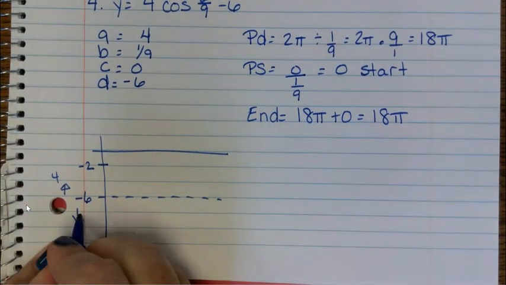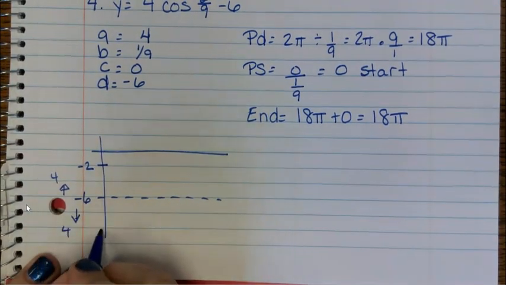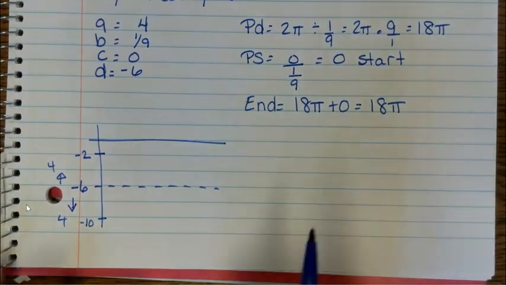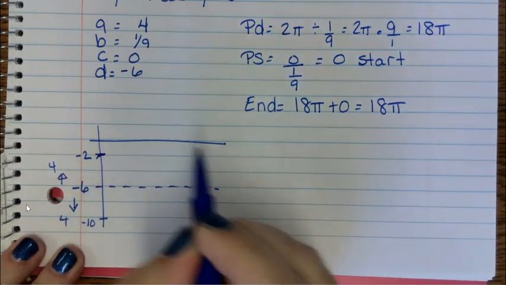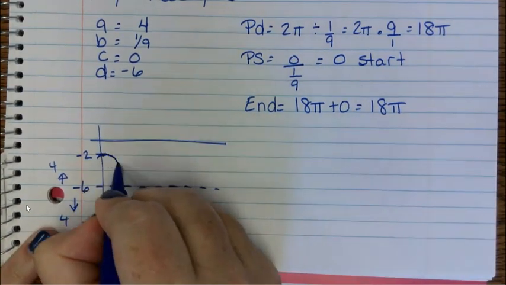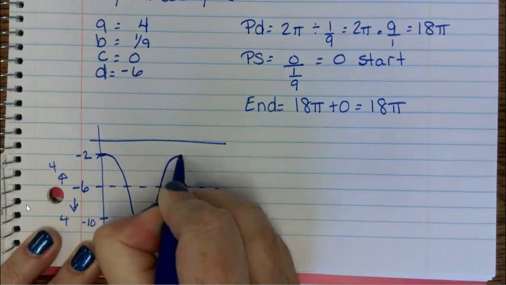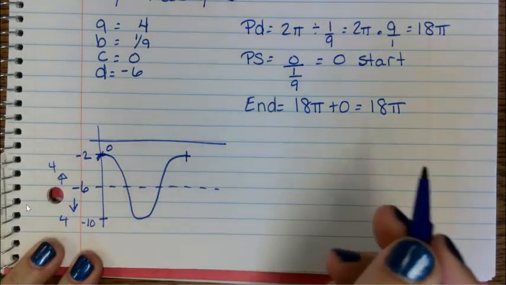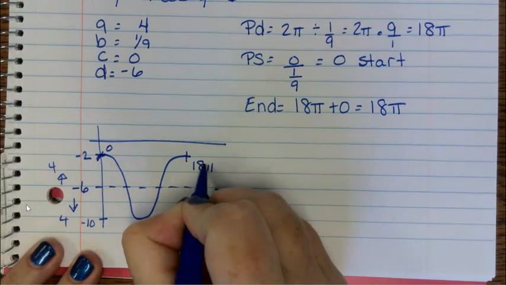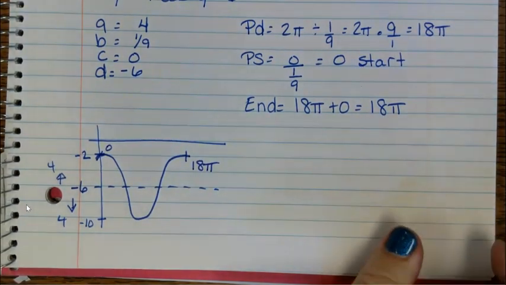And if I go down 4, that puts me at -10. Cosine curve, so I start high, so I'm going to start at the -2, and I'm starting at 0. Touch, bounce, and back. So my start here is at 0, and my end here is at 18 pi. Okay.